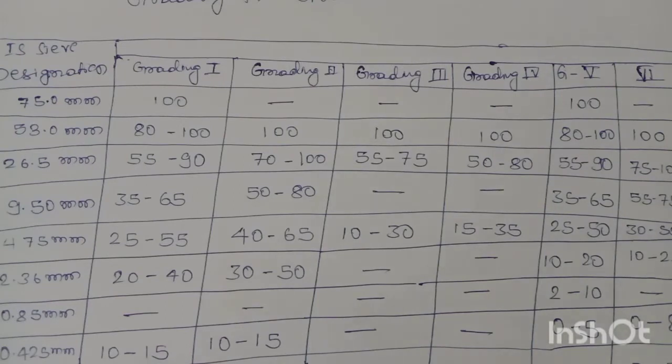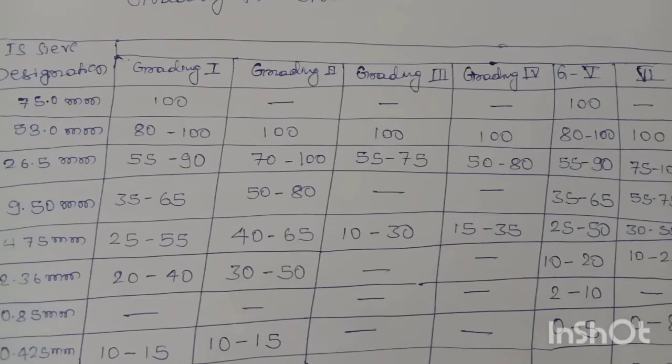For 75 mm size, grading 1 and grading 5 passing 100%, all others nil. For 53 mm, grading 1 80 to 100% passing, grading 2 100% passing, grading 3 100%, grading 4 100%, grading 5 80 to 100%, grading 6 100%.